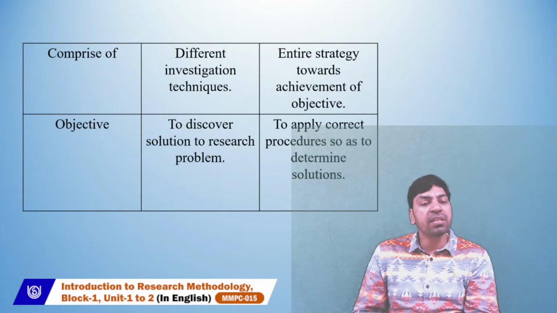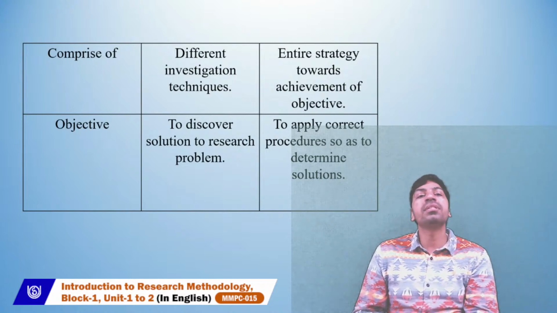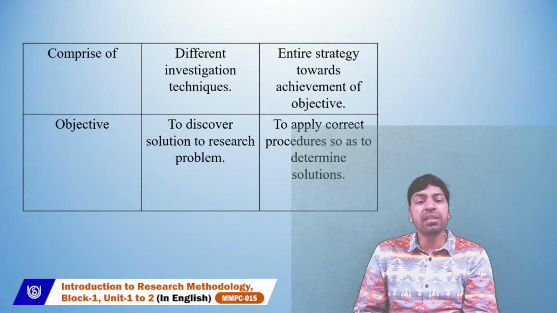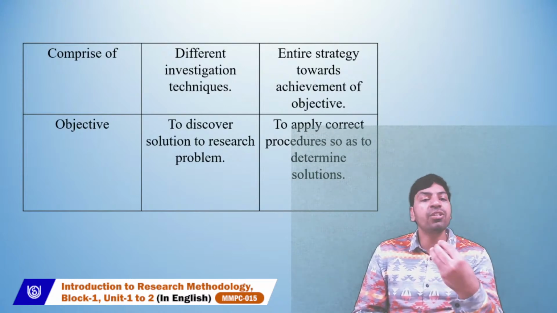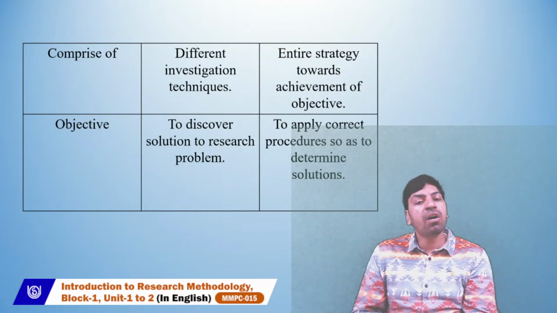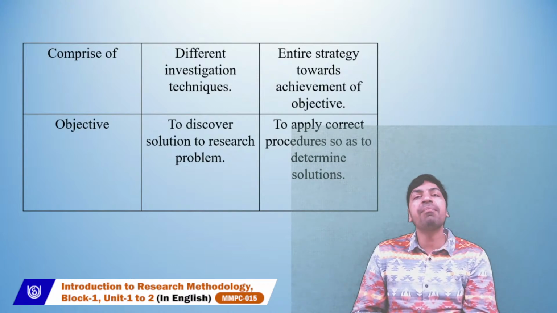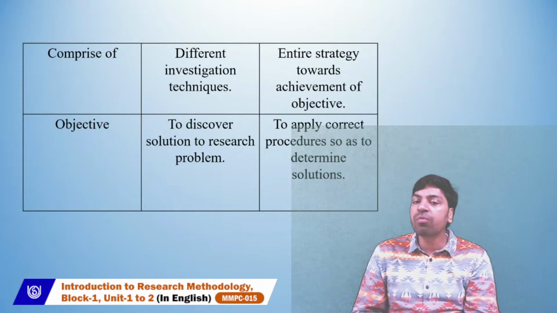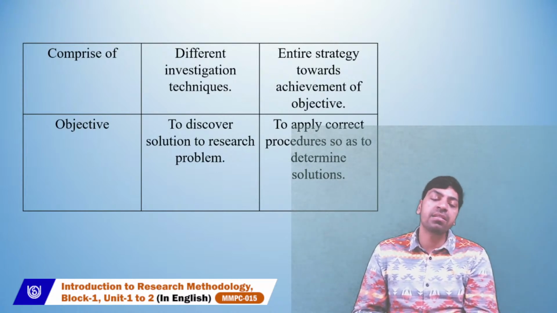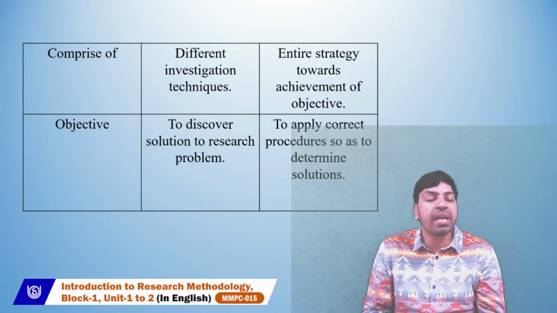Next is objectives. What would be the objectives of the research method and the research methodology? The research method aims to discover a solution to the research problem. But under research methodology, you apply the correct procedures so as to reach the solutions, and that is done through the research methodology.